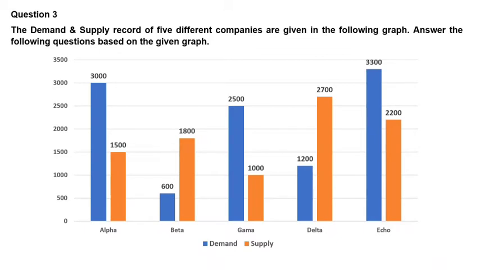Here we have 5 different companies. You can see alpha, beta, gamma, delta and echo. 5 companies, and this blue line gives the demand and yellow line gives the supply. So demand and supply record is what is given in the question.